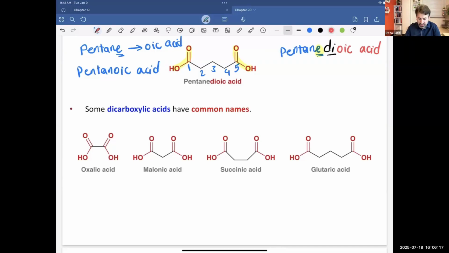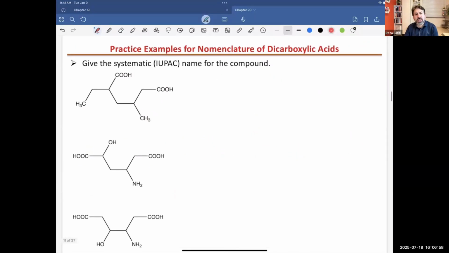For example, instead of saying ethanedioic acid, we simply say oxalic acid, or, for example, malonic acid, which is a propane with 2 carboxylic acids, which we simply say malonic acid, and chemists or biochemists know what we are talking about. But I want to use a systematic method to name complicated dicarboxylic acids.